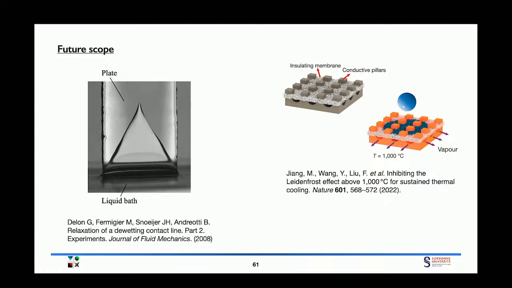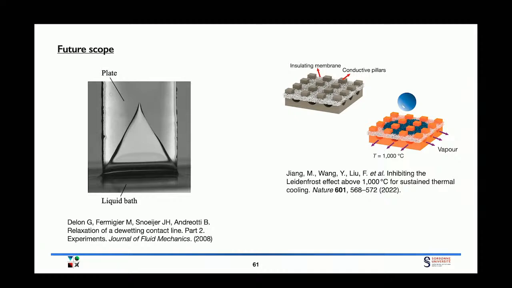Finally, the future scope of this work is numerous, but I will focus only on two things. Here for contact lines, this is a pulling plate experiment, and you see a corner, a cusp-like tip getting developed. This cusp also happens when you do dip coating or curtain coating beyond this wetting failure, and this is a 3D effect.